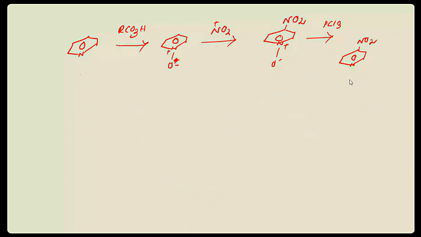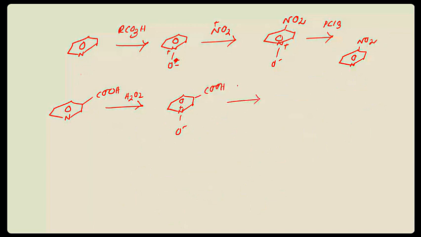Okay. Now let's see. So this is COOH. Treat it with H2O2. So we have this N-oxide. Now PCl3.